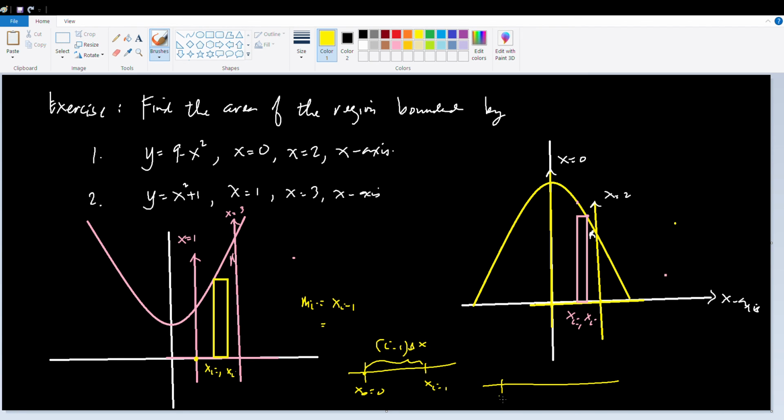It starts at 1. So if that is your x sub I minus 1, your I minus 1 delta x is from x sub 0 equal to 1. But you have to refer it from the origin. So you have to add 1.